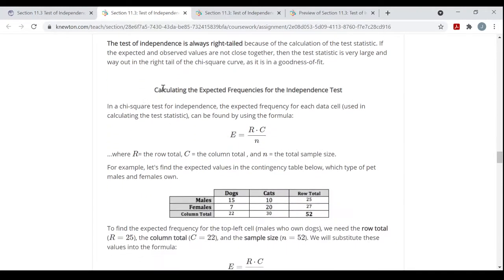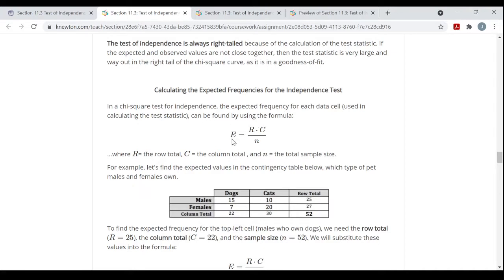They get into how to calculate these expected frequencies in a contingency table. I'm going to write some stuff out on paper to show you where this formula comes from. In a chi-square test for independence, the expected frequency for each data cell in the contingency table used in calculating the test statistic can be found by using this formula.